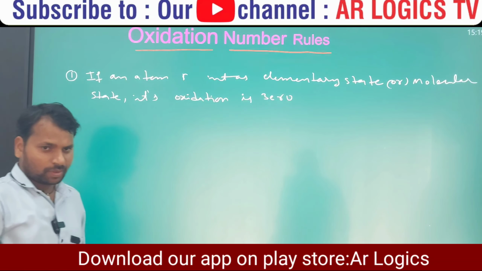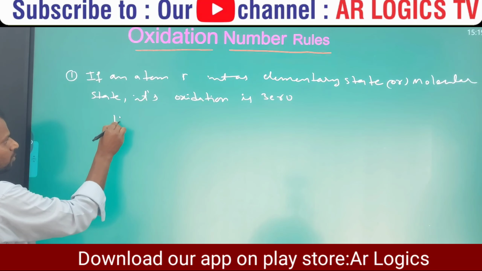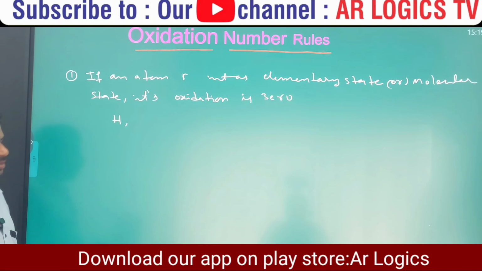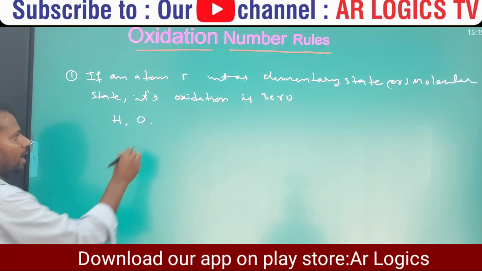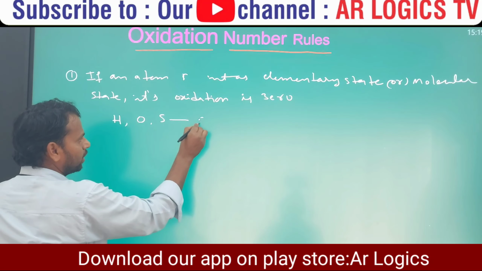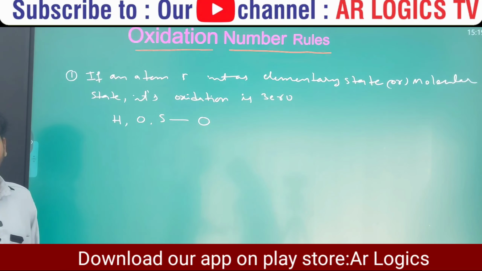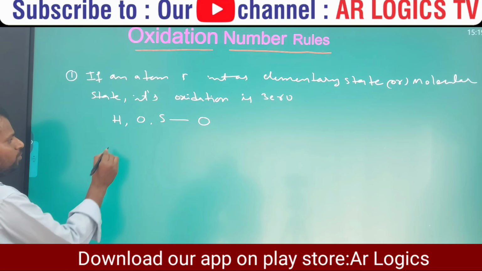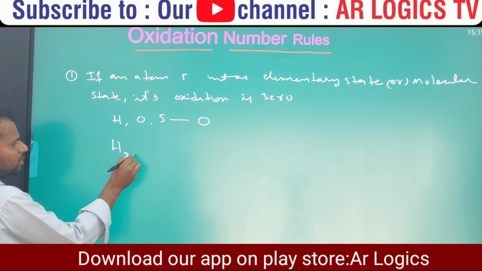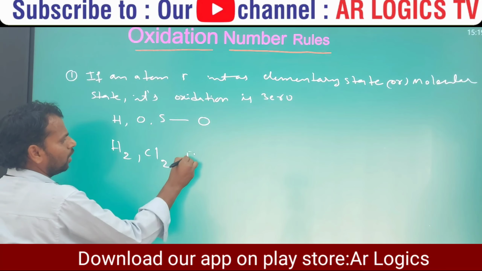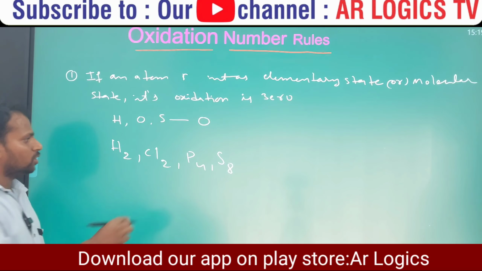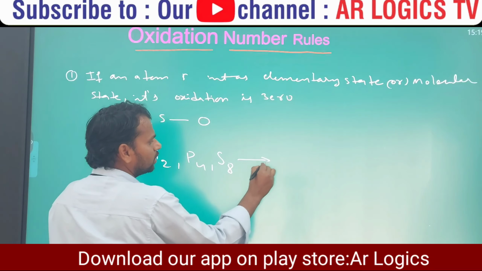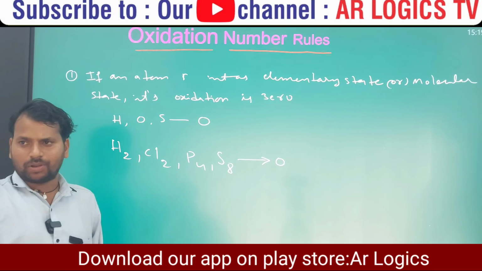For suppose, if I am taking hydrogen present in its elementary state, or oxygen, or sulfur in elementary state, we should write that oxidation number as 0. Or else molecular state means, for suppose, H2, Cl2, P4, S8. These are molecular states, so here also the oxidation number is 0. That is rule number 1.